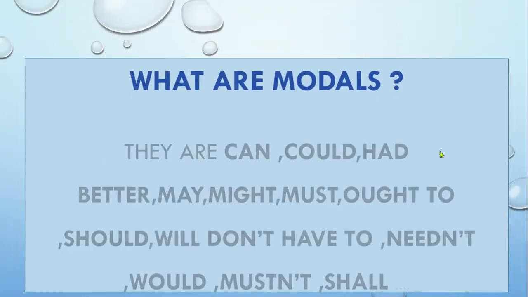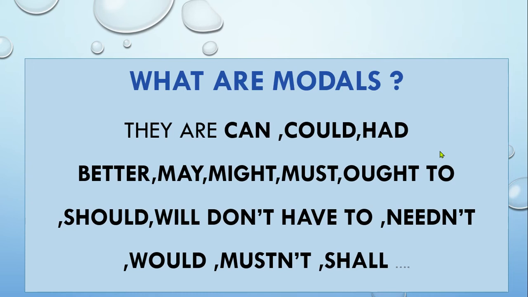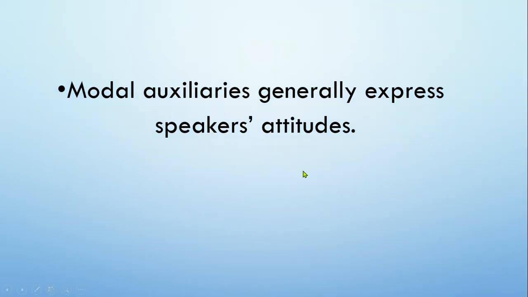So we say that modals are those little words, for example, can, could, had better, may, might, and so on and so forth. Fine. So concerning modal auxiliaries, they generally express speaker's attitudes.